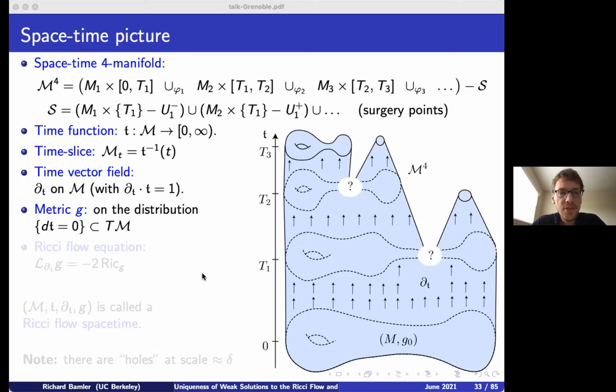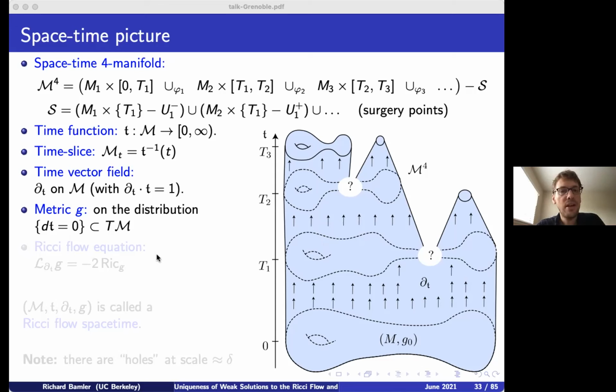And then the Ricci flow metric will now induce a metric on the horizontal distribution within the tangent space of the space-time manifold. Okay, so this is the distribution which is tangent to the time slices, and the Ricci flow gives us a metric on this. So we don't have a Riemannian metric on the space-time.